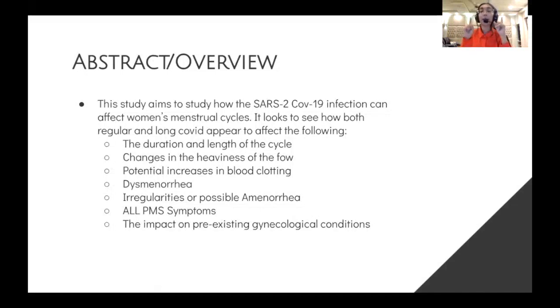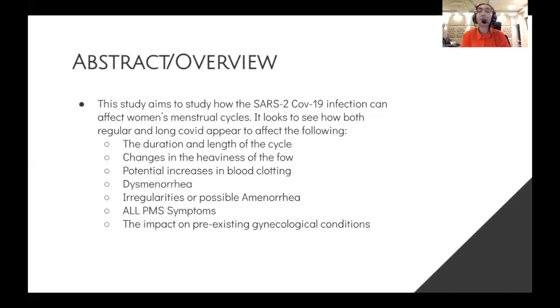It'll look at how both long COVID and regular COVID appear to affect the following: the length and duration of the cycle, changes in the heaviness of flow, potential blood clotting, dysmenorrhea, amenorrhea, all PMS symptoms, and the impact on dysmenorrhea faced as a result of pre-existing gynecological conditions such as PMDD, endometriosis, etc., just to name a few.